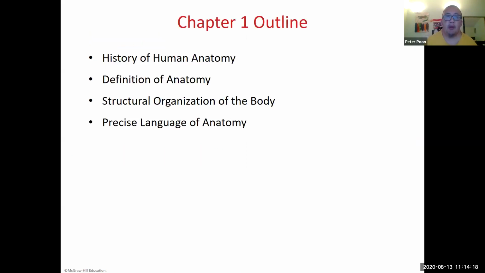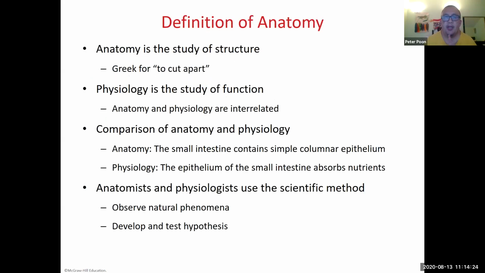The chapter one outline: a brief history of human anatomy, definitions, etc. Anatomy is the study of the structure of the human body, where things are. Physiology, which you will take next quarter, is the function, what they do.